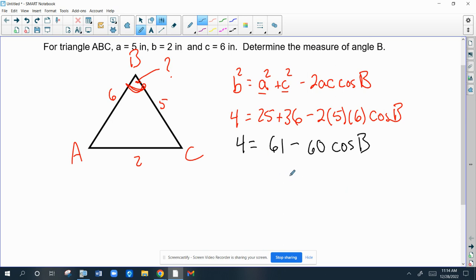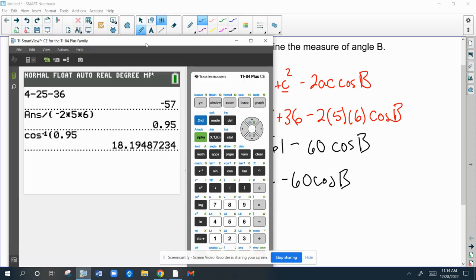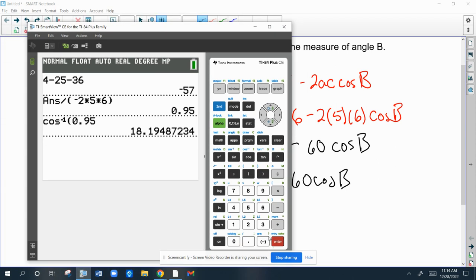So the next step is to subtract 61. So 4 minus 61 is a negative 57, I believe. Now I'm going to divide by negative 60. So I have negative 57 divided by negative 60.